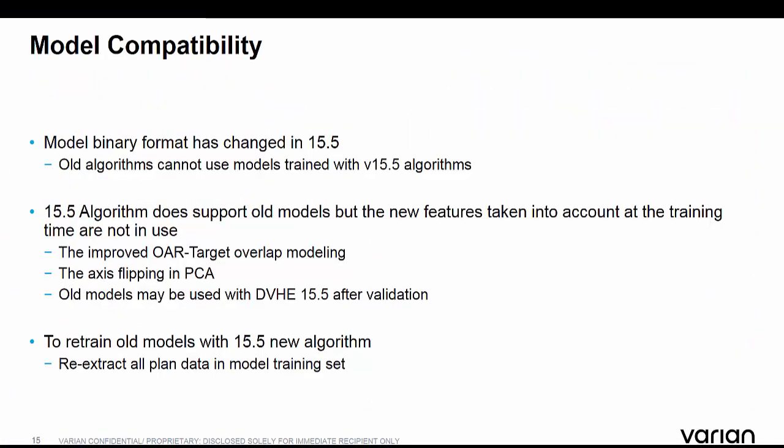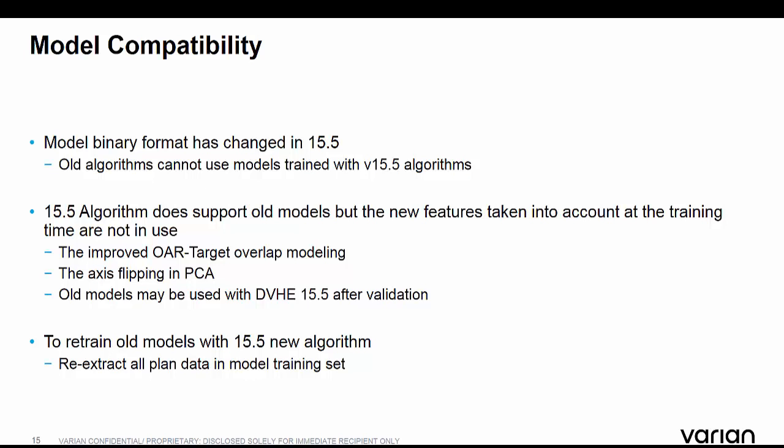The model binary format has changed in version 15.5. Therefore, algorithms from previous versions cannot use models trained with version 15.5 algorithms. For example, you cannot use DVH estimation 13.7 in optimization with a model created in version 15.5.